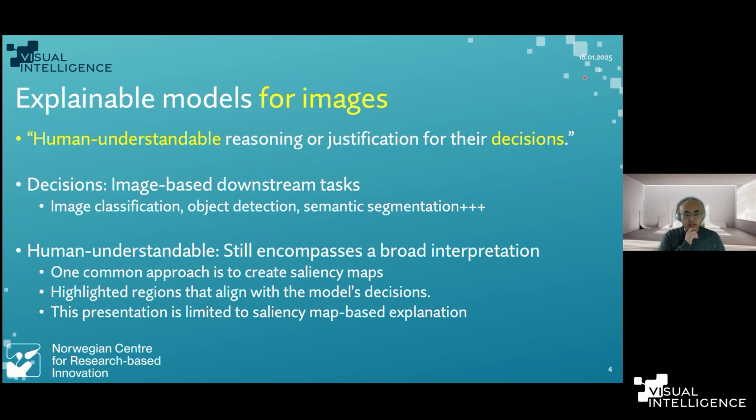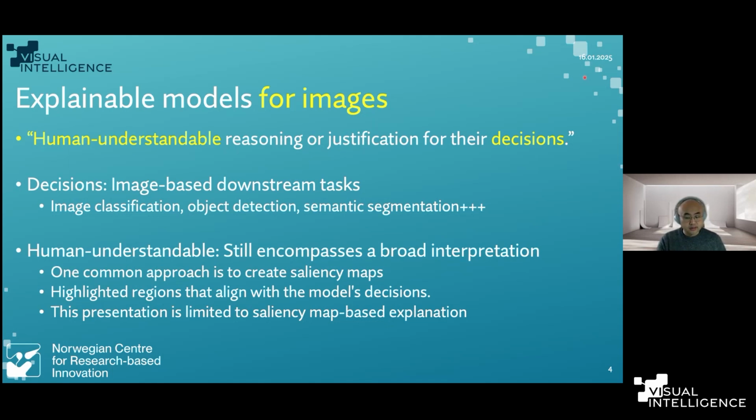The decision part is relatively easy to understand, or very intuitive, because we already have well-established image-based downstream tasks. For example, image classification, object detection, semantic segmentation, and so on. But when it comes to human understandable, it's a bit difficult to get a very concrete intuition because it still encompasses a broad interpretation.